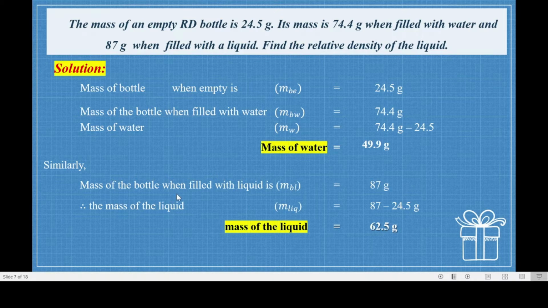Similarly, the mass of the bottle when filled with the liquid is given as 87 grams. Therefore, the mass of the liquid can be obtained by subtracting the mass of the empty bottle from this value, that is 87 minus 24.5 grams, and we are left with the mass of the liquid, which is 62.5 grams.